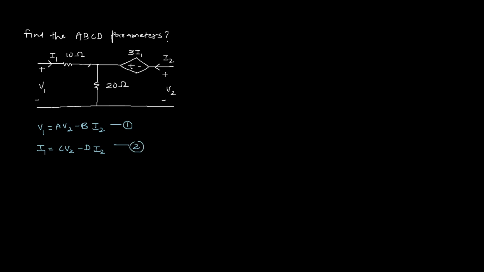Now by applying KVL and KCL, we need to write two equations in the form of equation 1 and 2. Okay, so the current through this 20 ohm resistance is I1 plus I2.